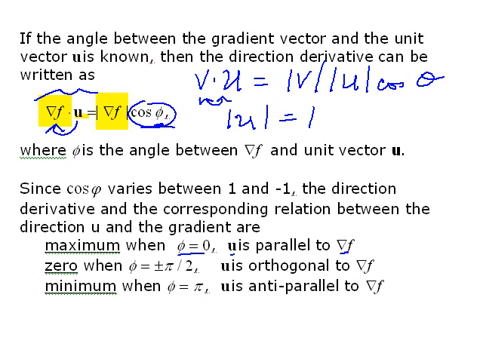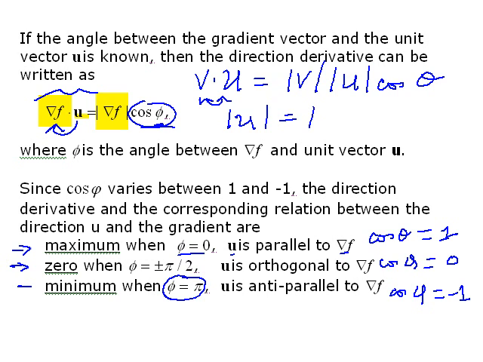If you look 180 degrees off from that direction, so now u is anti-parallel to the gradient of f, then it would be a minimum, because at that point cosine of phi is going to be -1 at its minimum, and here cosine of phi is equal to 1, that's its maximum, and at plus and minus pi over 2, cosine of phi is going to be 0, and that's where you get these results here. There's your maximum, your 0, and your minimum.